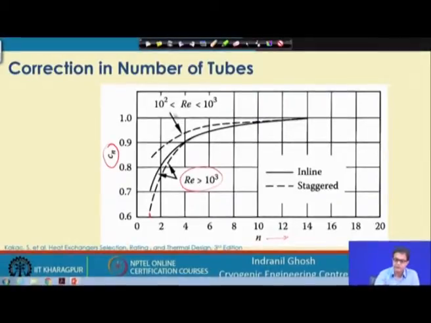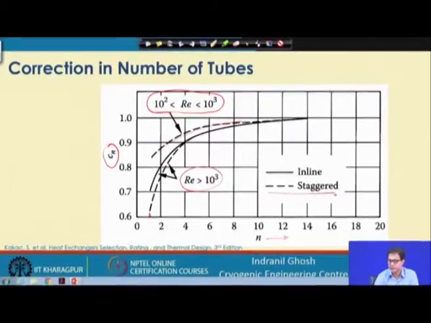If the Re value is between 10 to the power 2 and 10 to the power 3, we have a certain kind of correlation. If Re is greater than 10 to the power 3 or 1000, then we have some other kind of relation.